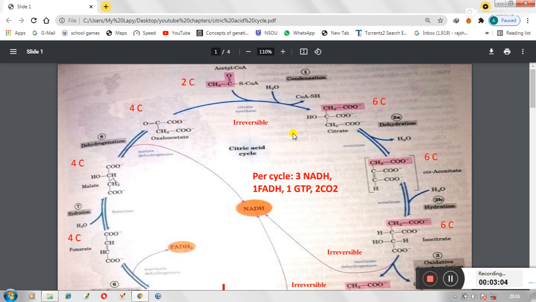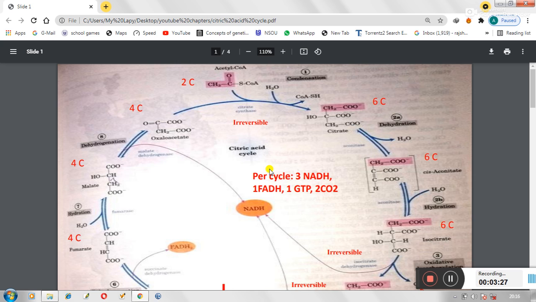Glycolysis is a pathway in which the 6 carbon compound glucose is converted into pyruvic acid, a 3 carbon compound, and that pyruvic acid enters inside the mitochondria.